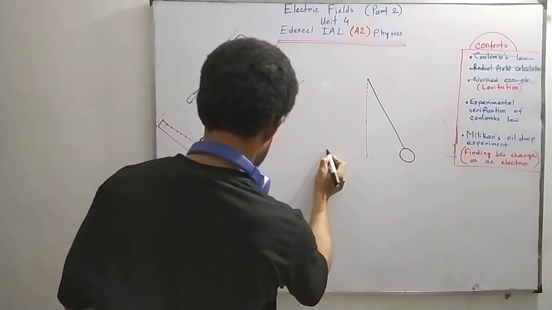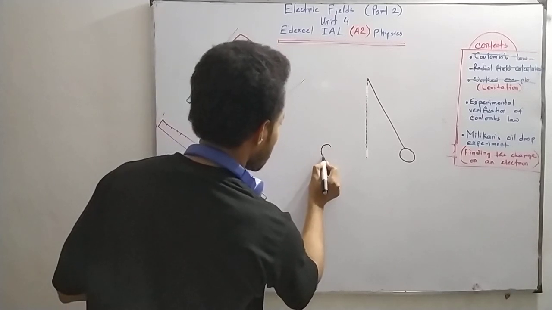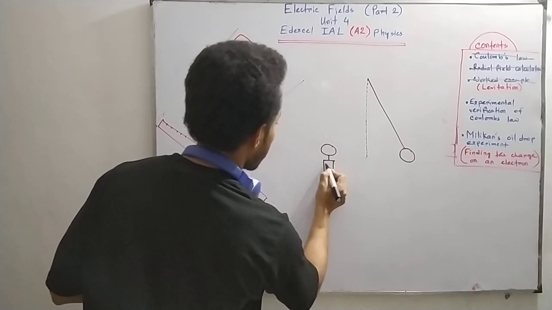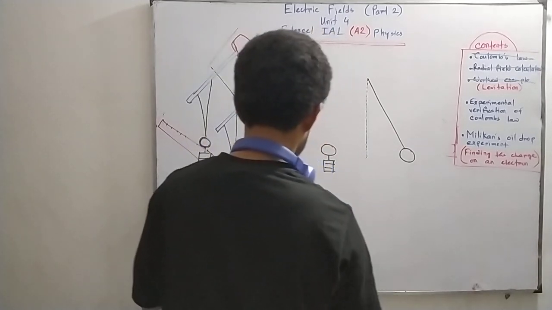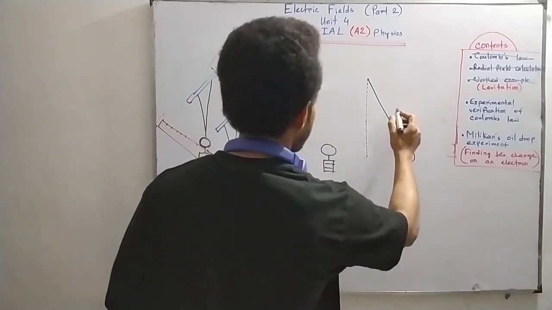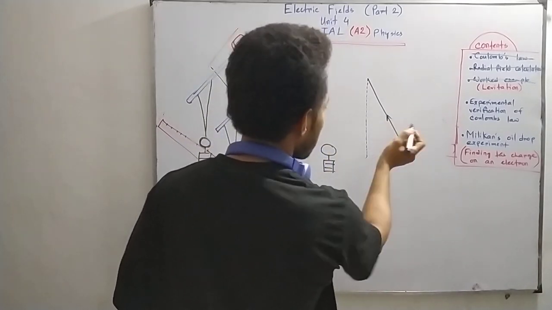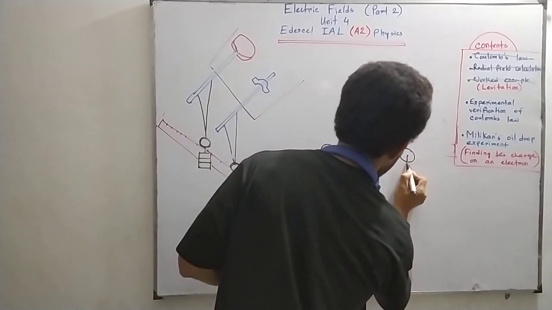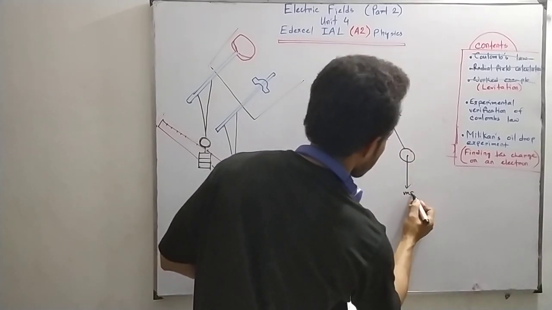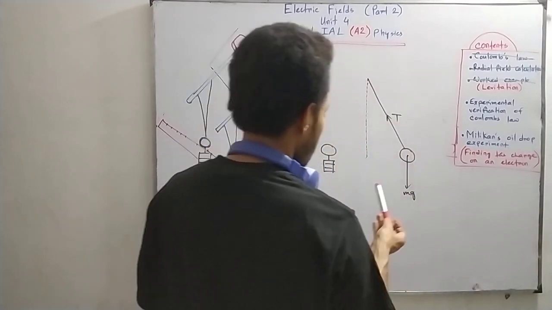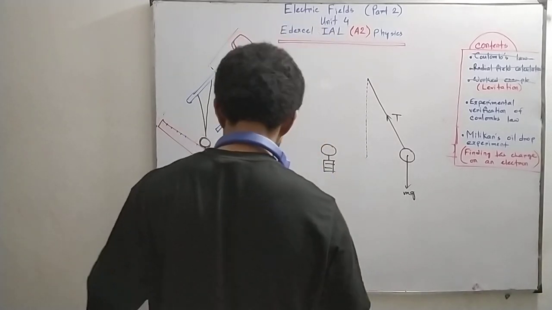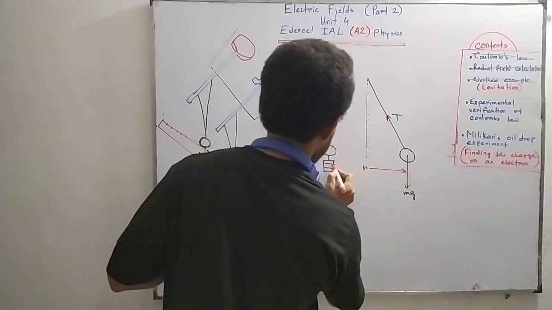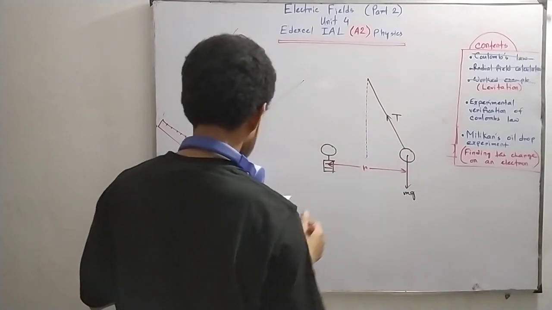Suppose this is the heavy, loaded sphere which hasn't moved, and there will be a tension T along the string, and this is the weight of the sphere, mg, acting downwards. And this is the separation between their centers.